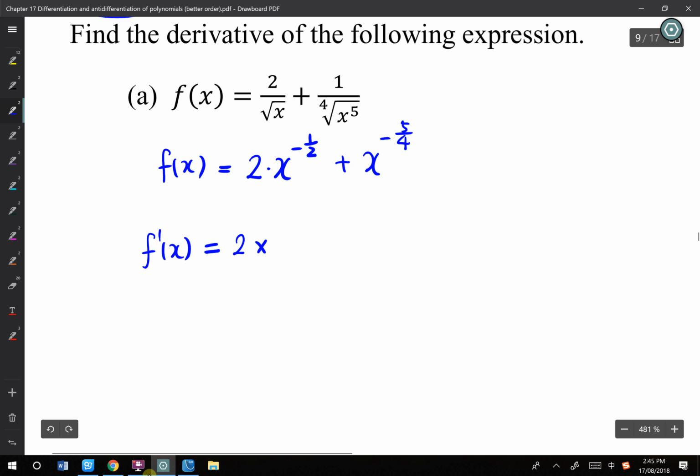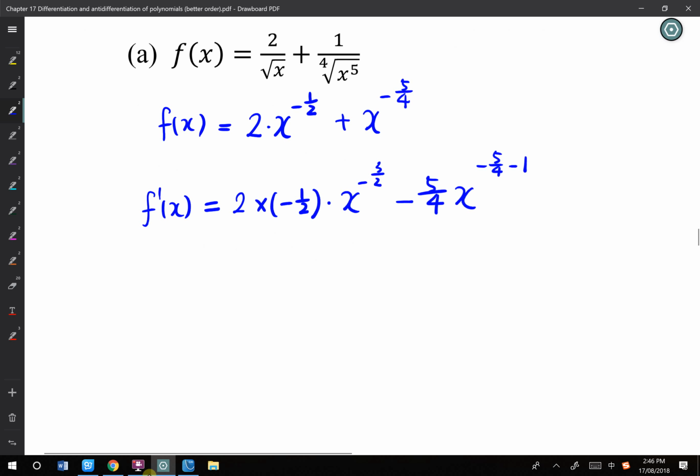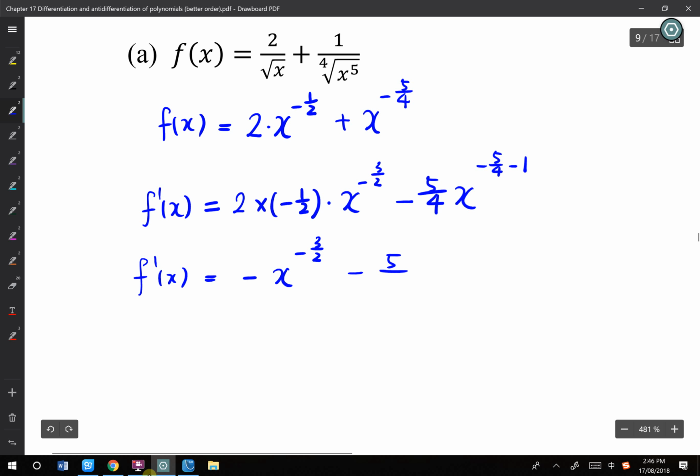So it's 2 times negative 1/2 times x to the power of negative 3/2 minus 5/4 times x to the power of negative 5/4 minus 1. You times the coefficient and then reduce the power by 1. So f dash x equals minus x to the power of negative 3/2 minus 5/4 times x to the power of negative 9/4.